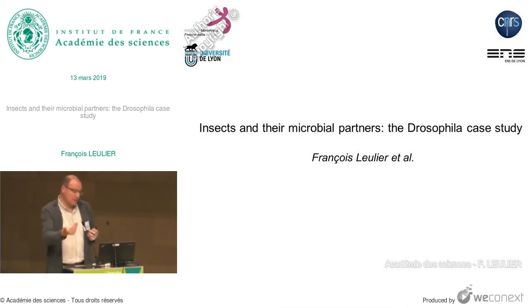We also believe, and it has been shown by the lab of Bruno Lemaitre, that peptidoglycan can be found in the hemolymph, clearly in adult flies and probably in larvae also. So you see, this is a system where the molecules are diffusing.